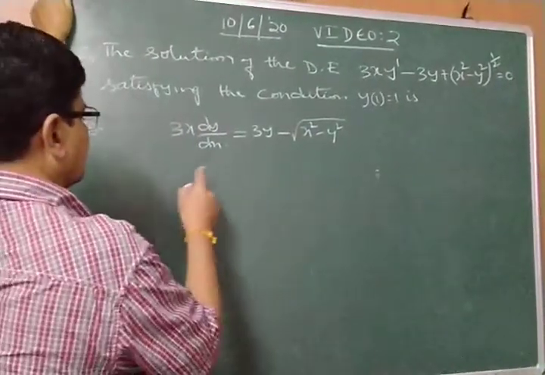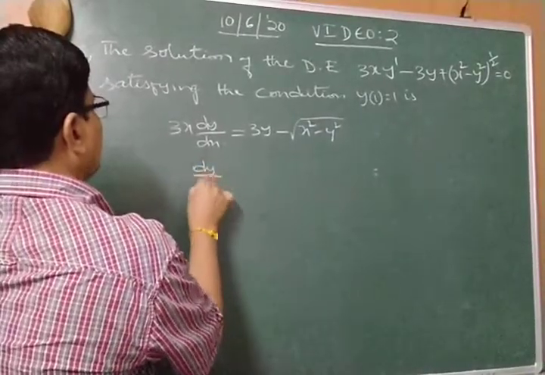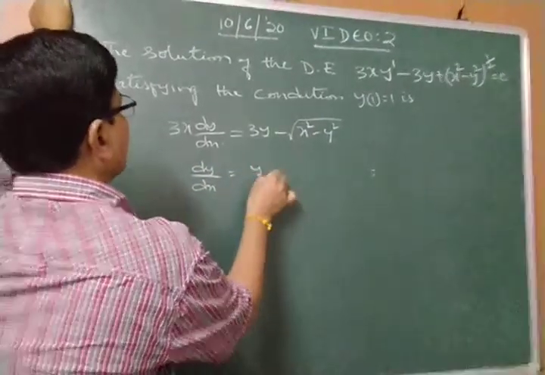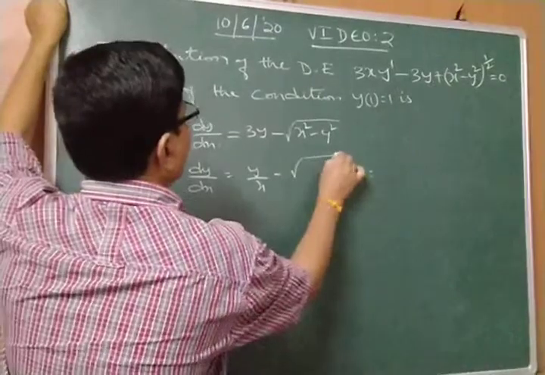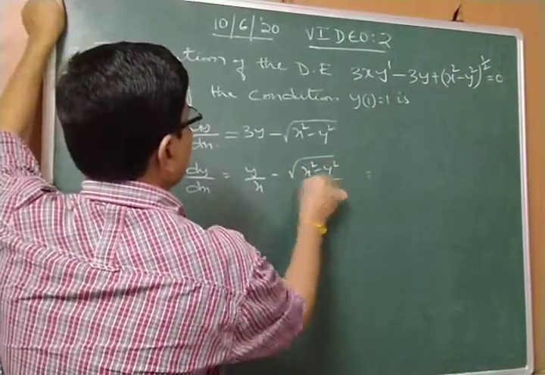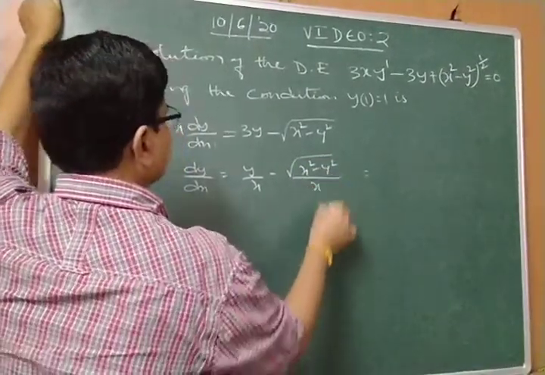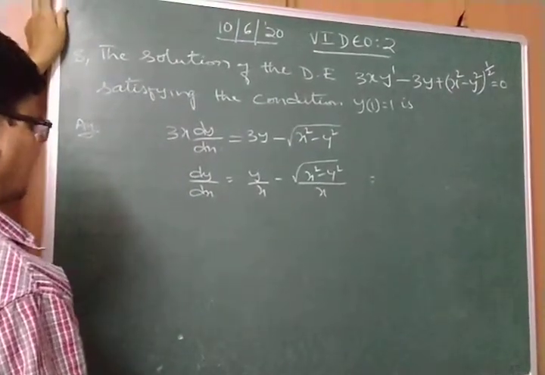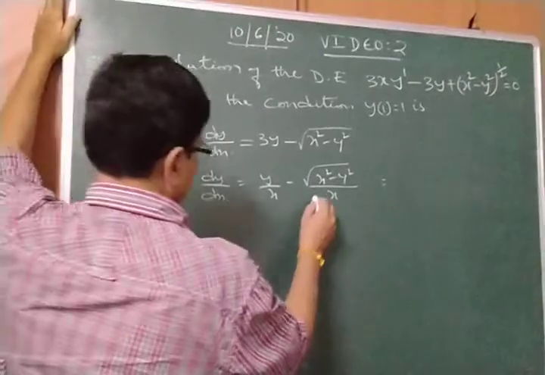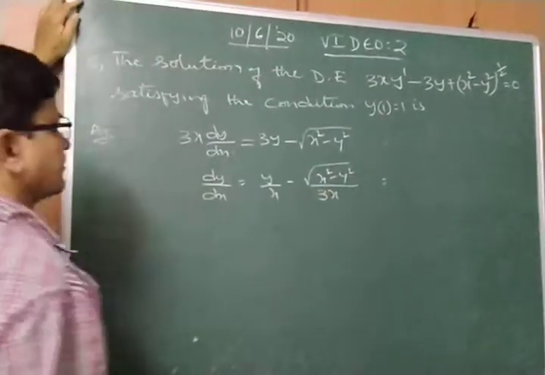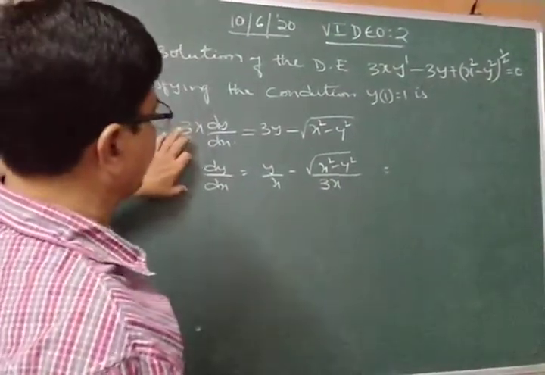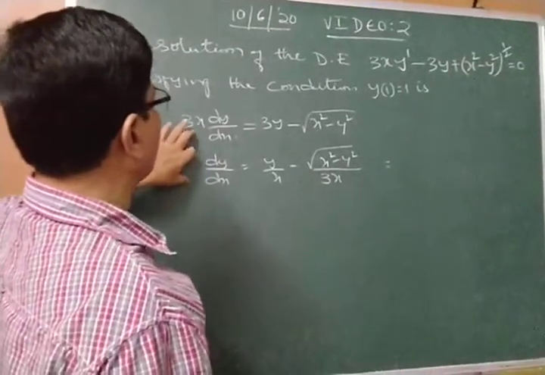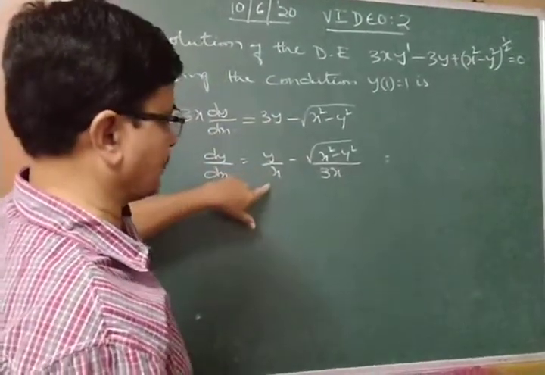Now dividing on both sides by 3x, dy by dx is y by x minus the square root of x square minus y square by 3x. This is the given differential equation. We want to find the solution of this differential equation.